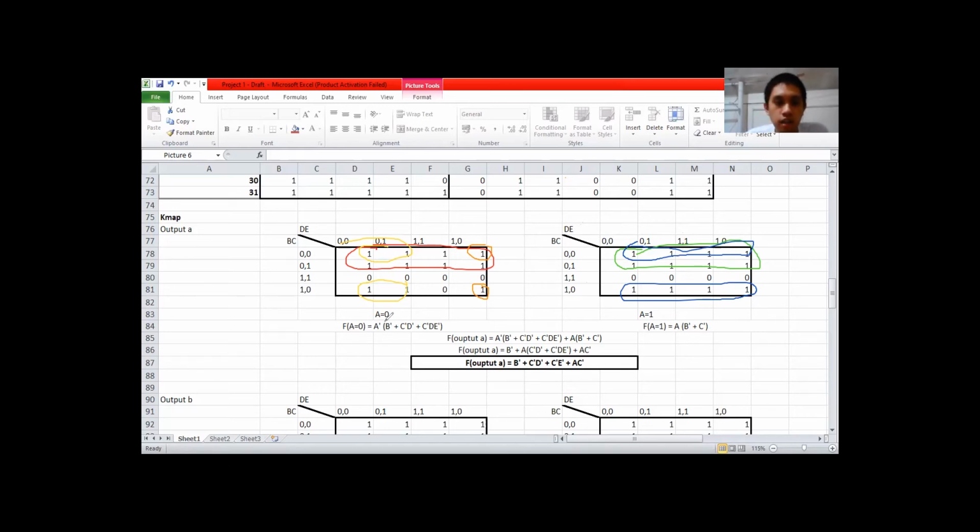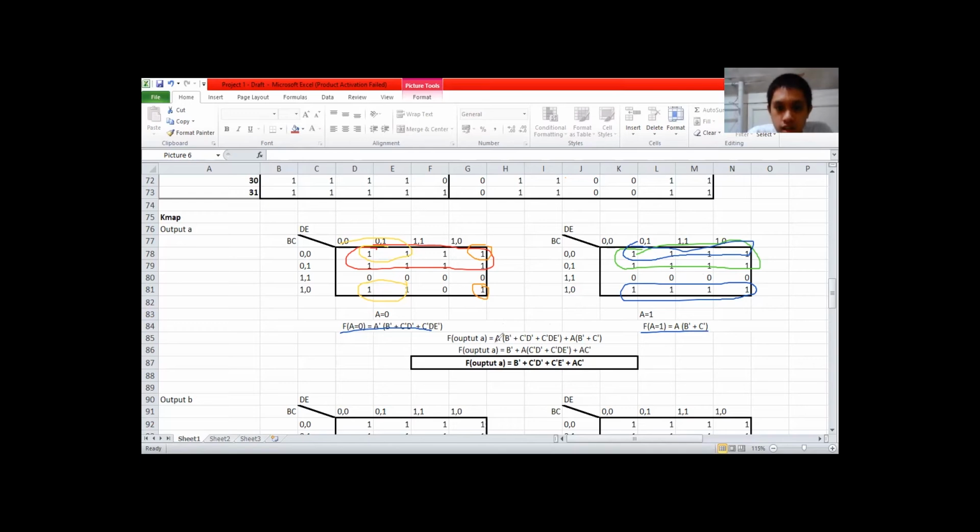So combining these two obtained functions, adding them together, we'll get the logic function for output A, which is simply the sum of these two functions. But based on what we obtained here, we can simplify the given expression.